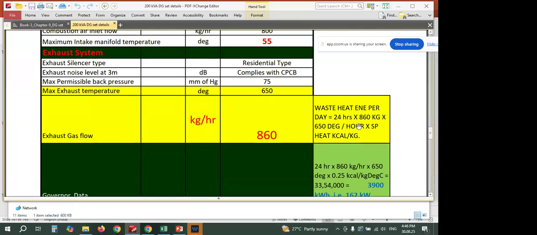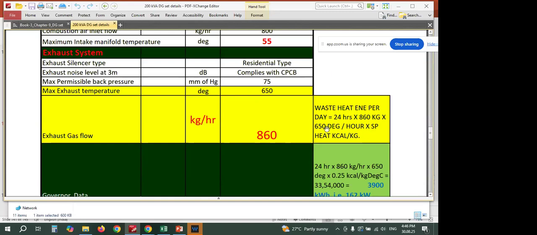Now, what is the potential for heat recovery? Suppose this set is running for 24 hours a day and 860 kgs per hour is the hot gas flow, and it is happening at 650 degrees. They have mentioned maximum exhaust temperature 650 degrees.